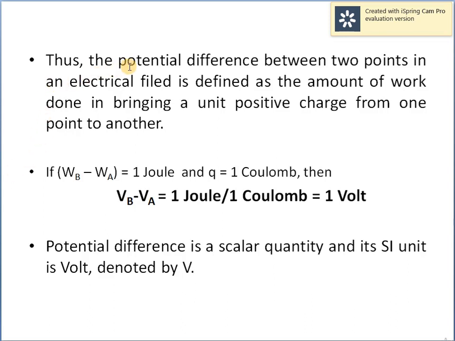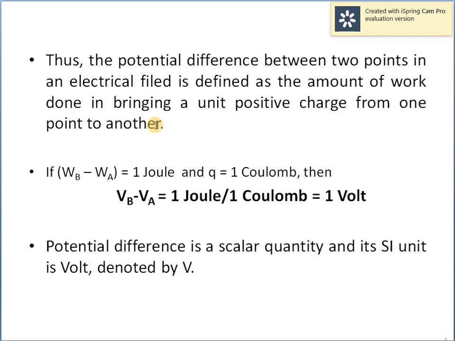So the potential difference between 2 points in an electric field is defined as the amount of work done in bringing a unit positive charge from one point to another. This definition resembles the definition of electric potential.